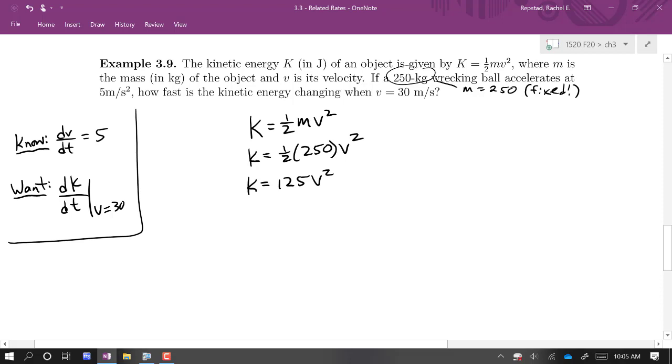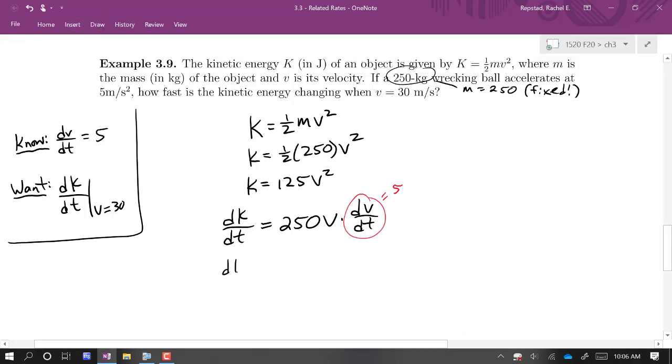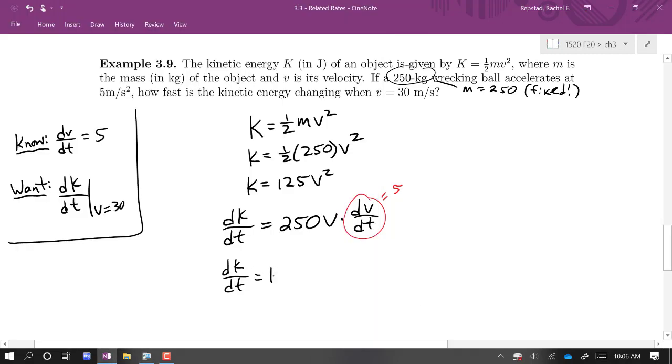Now let's go ahead and differentiate with respect to time. We find that dK/dt on the left is equal to, on the right side, when we differentiate with respect to t, 250v times dv/dt. Now we know dv/dt is equal to 5. So dK/dt, 5 times 250 is 1250, so it's 1250v.